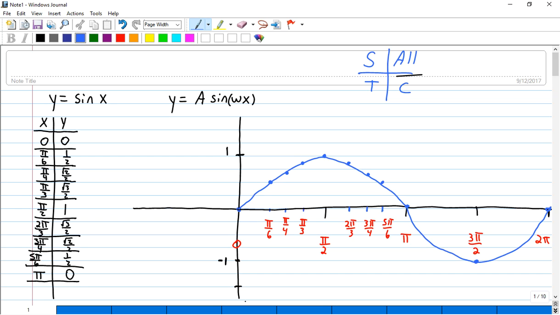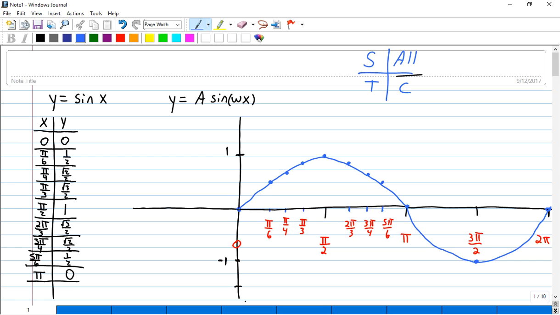All right, so that is the graph of y equals sine of x, one complete period of y equals sine of x. Notice that the high point on the graph, the high point for the y is 1, the low point is -1.